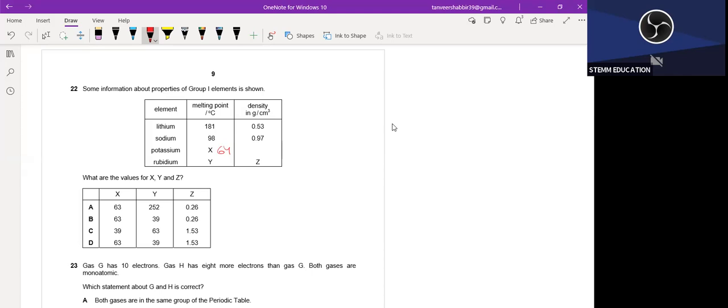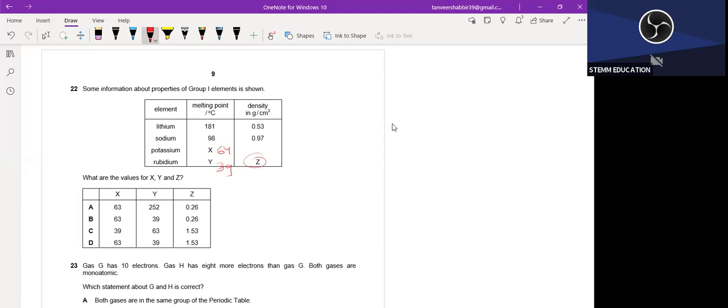For rubidium it should be less than 64, so it should be 39. You can see that the density is increasing down the group, so Z should be more than 0.97.